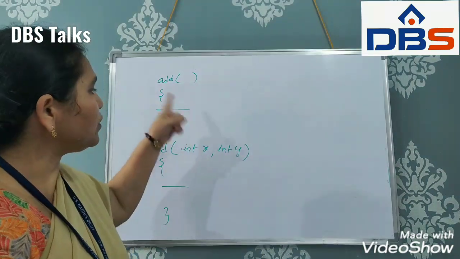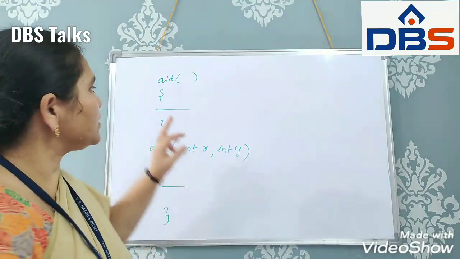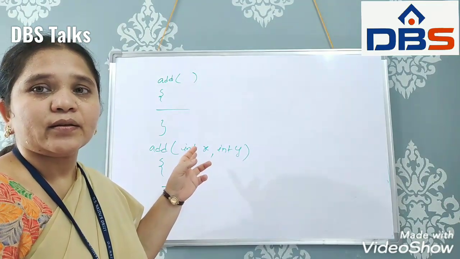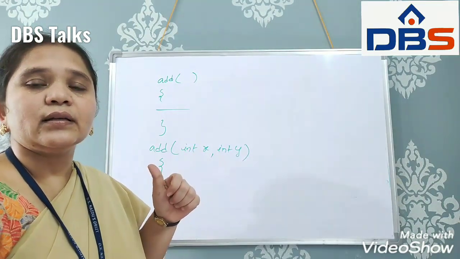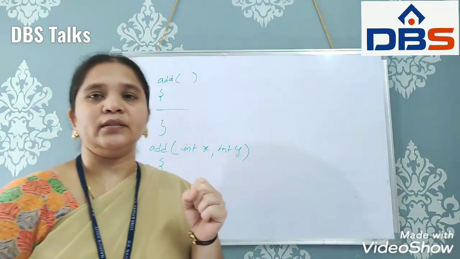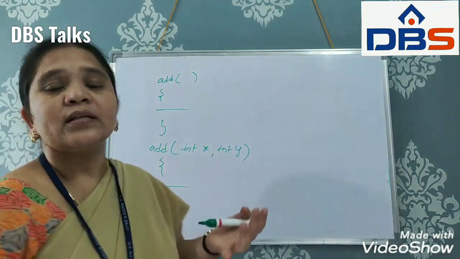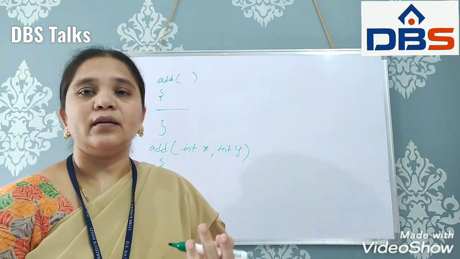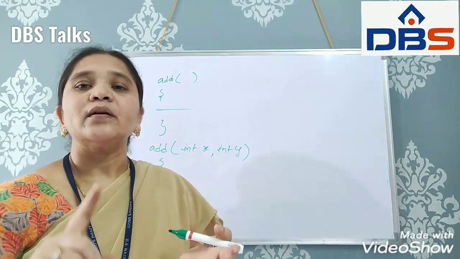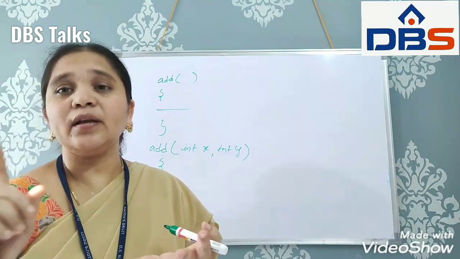Does the C language allow this type of thing? No. The C language does not allow this type of overloading. Why? Because to perform a function, we need to follow some order. The same name is not supported. A unique name will be supported.